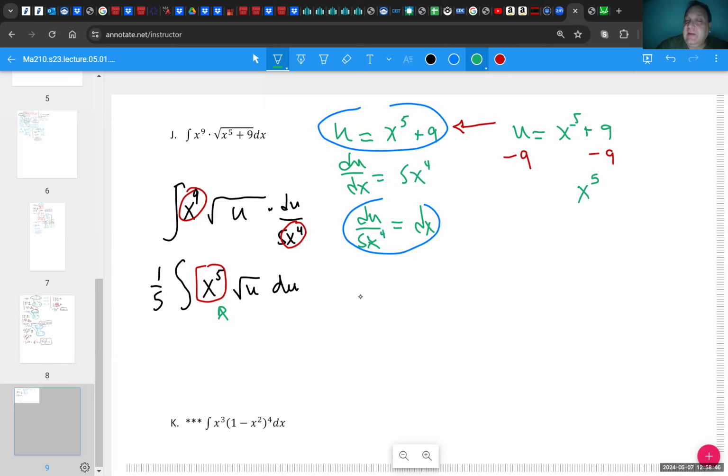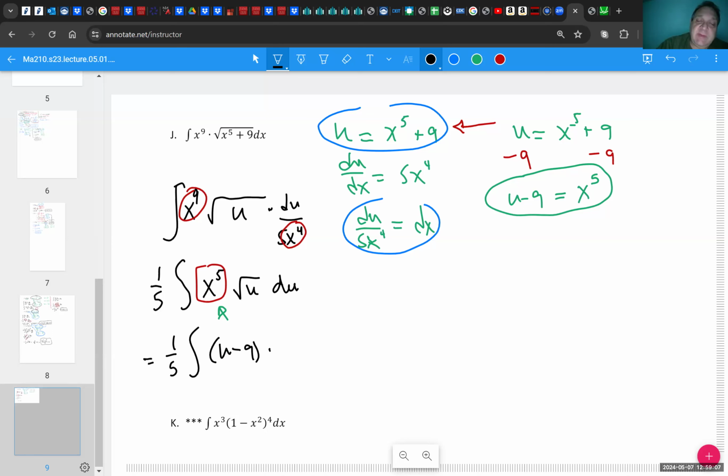On the left-hand side, I have u minus 9. So I know what x to the 5 is in terms of u. X to the 5 is u minus 9, which makes our integral now, instead of the integral of x to the 5, I have u minus 9. I still have my square root u and du.